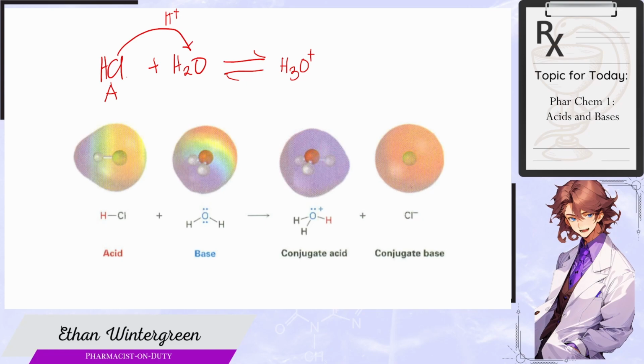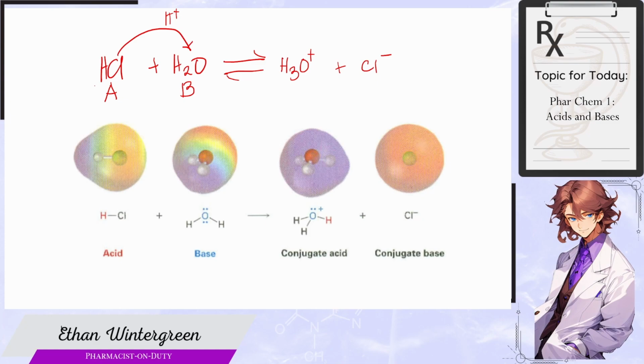What happens to hydrochloric acid when hydrogen leaves it is there is a remnant of a chloride anion. So in our case, hydrochloric acid acts as an acid and water acts as a base.